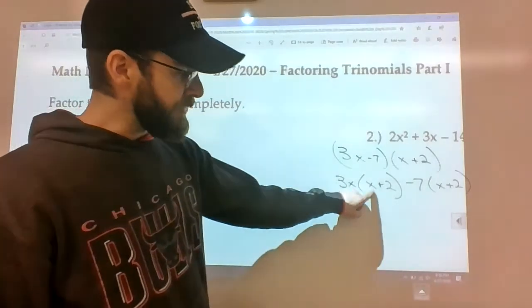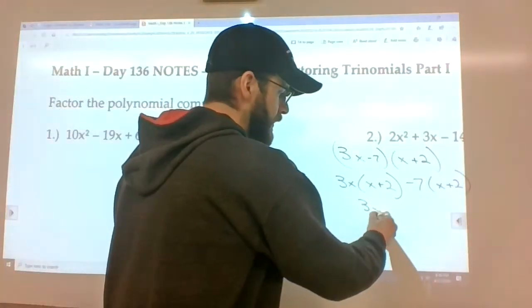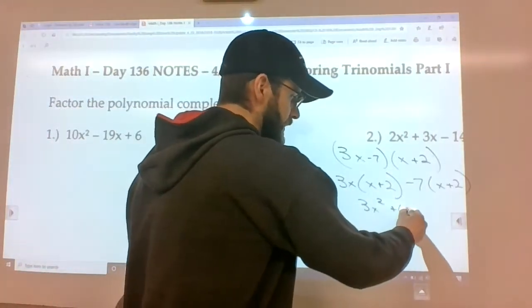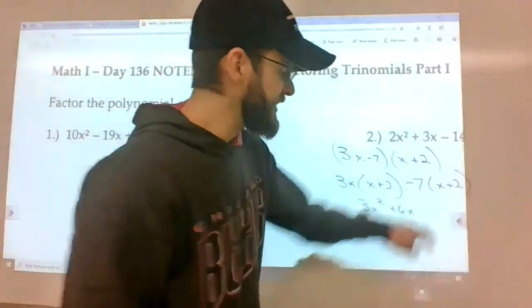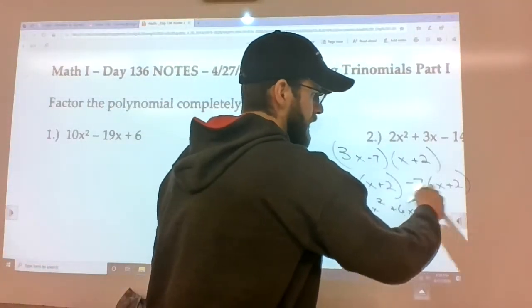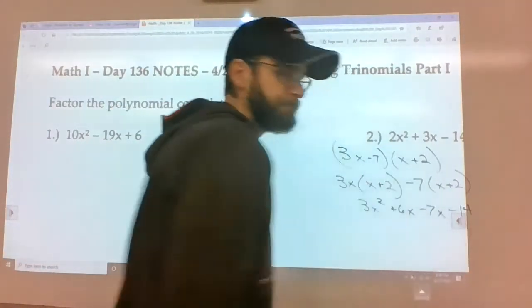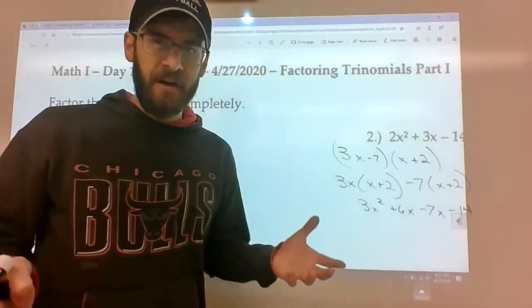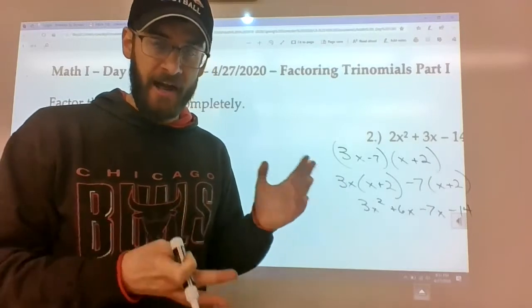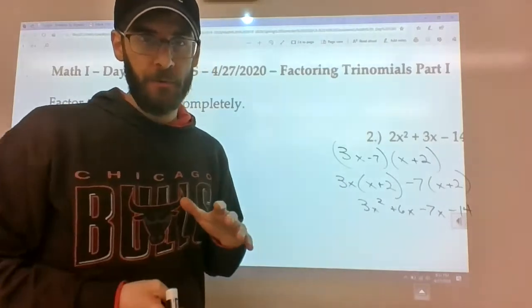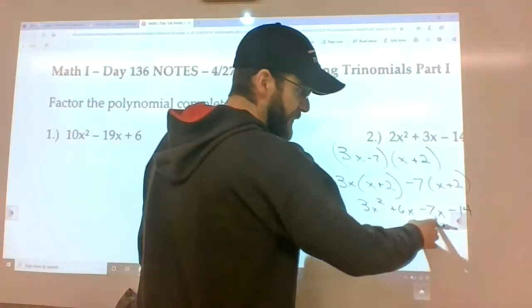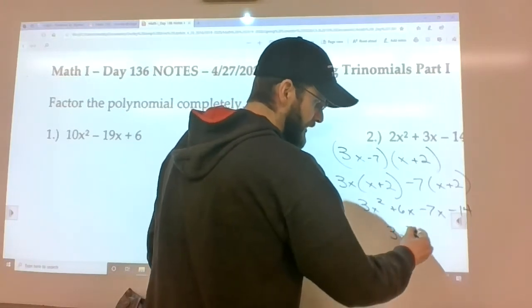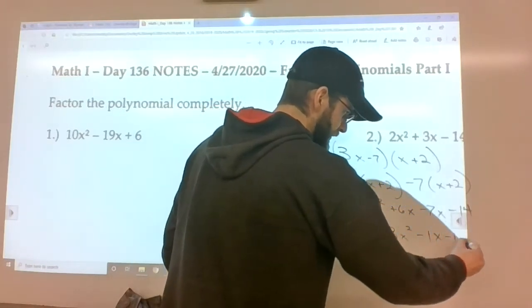If you multiply it through, you get 3x squared plus 6x minus 7x minus 14. And then I think a lot of times we think nothing of this final move when we're simplifying the other way with polynomial multiplication. It's just 6x minus 7x is minus 1x.